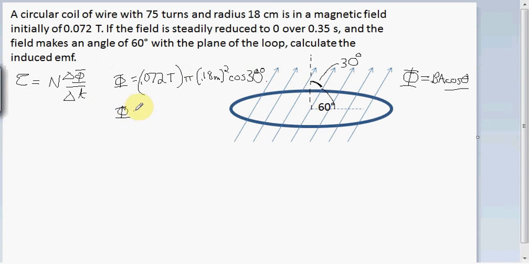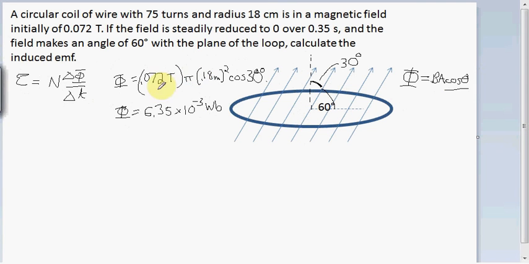And that gives us a magnetic flux of 6.35 times 10 to the minus third Webers. Remember, the SI unit of magnetic flux is the Weber, so we've got 6.35 milliwebers.